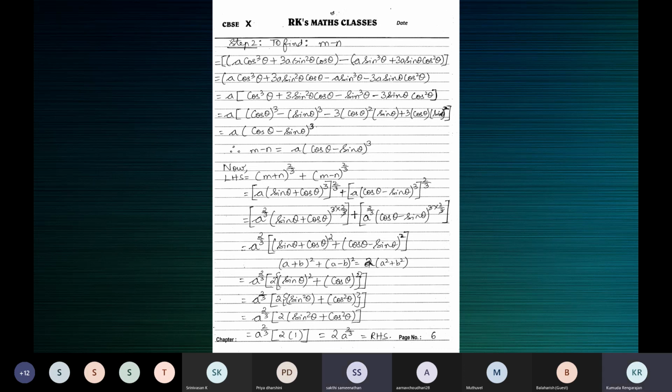Ma'am, one doubt. Instead of taking the fractional exponent, can we take it as cube root of the whole a into sine theta plus cos theta the whole square? Cube root of m plus n in the whole square?